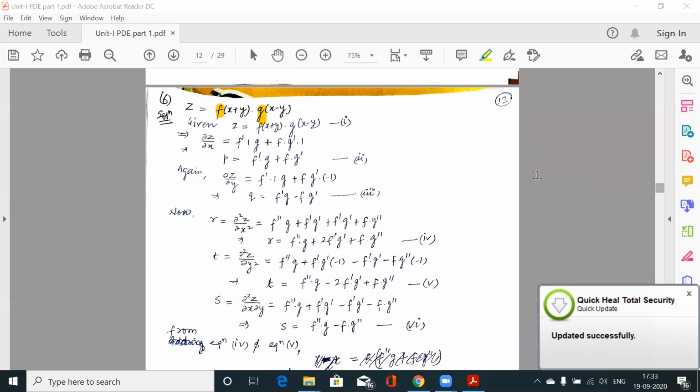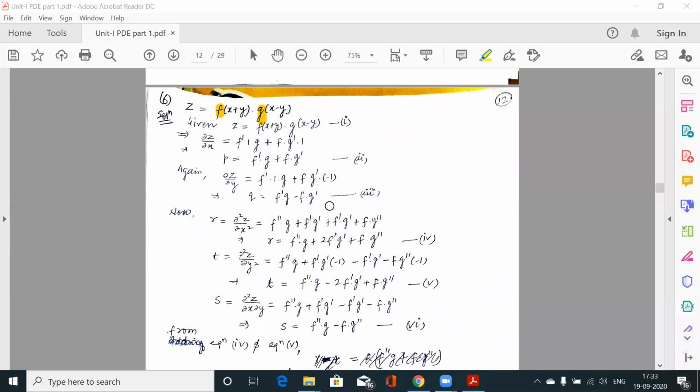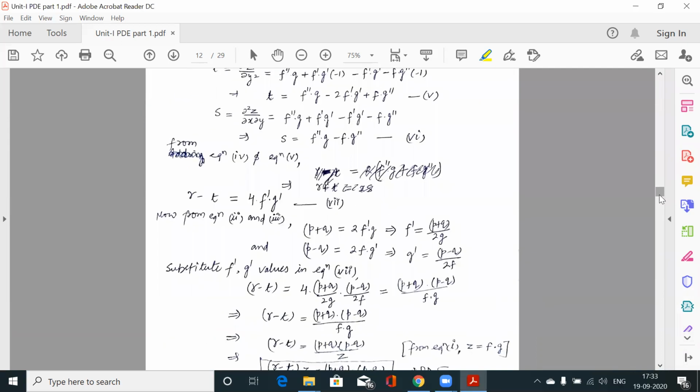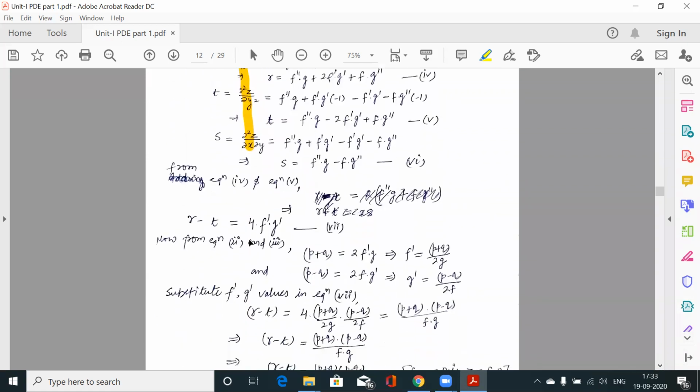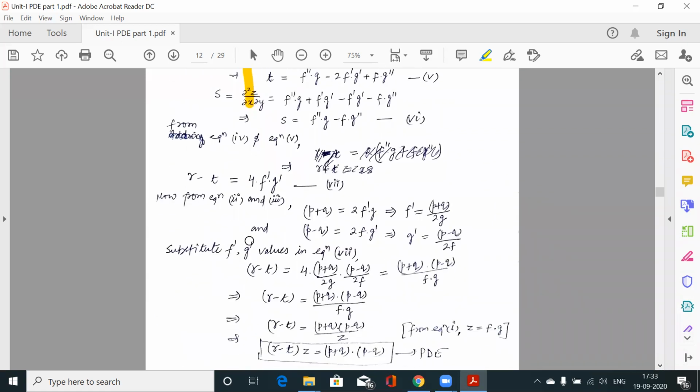In this case we have two arbitrary functions, so we have to move to higher order derivatives, second order or third order, whenever we get the elimination. So here we have calculated the second order derivatives, and now I am trying to get one equation which includes derivatives and is free from both arbitrary functions f and g.